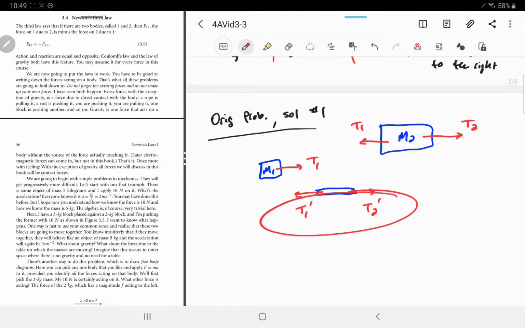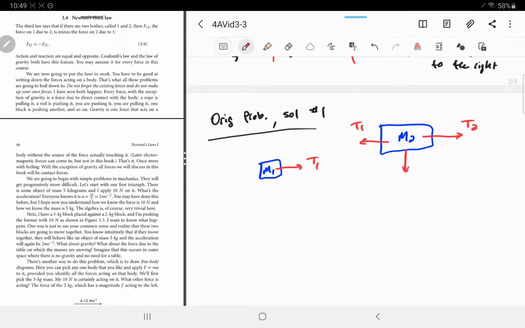So these two have to be equal because the rope doesn't have a net force on it. If it did and it was massless, that would be infinite acceleration. So that's one way you could reason that the two forces pulling on the rope on the two sides have to be equal. So the tension in the rope has to be the same everywhere on the rope. That's why T1 is the same here and here. Okay, sorry, that was a little long-winded.